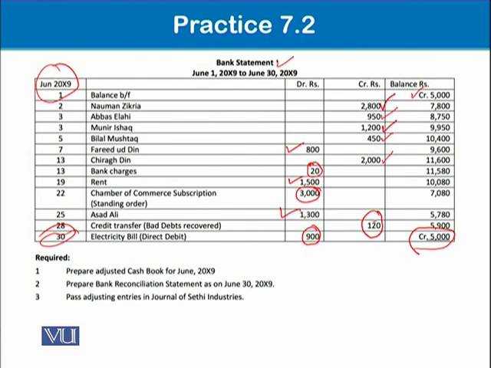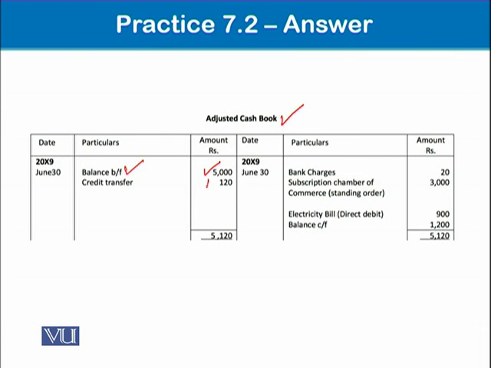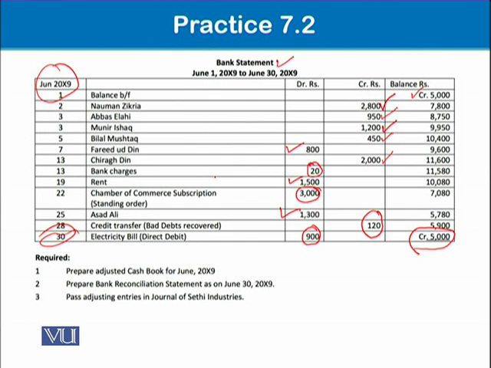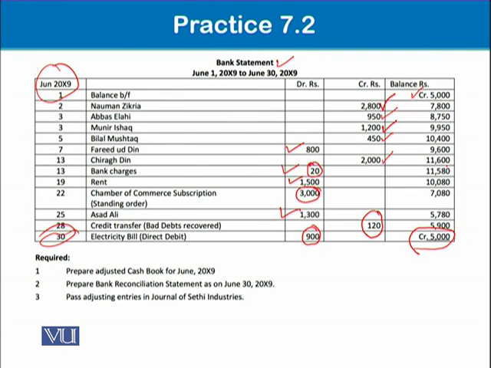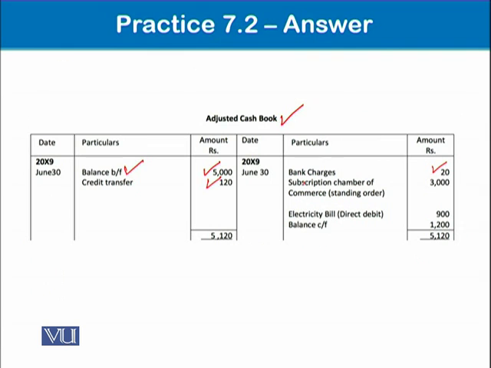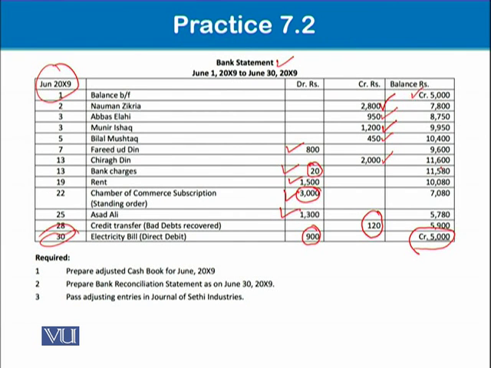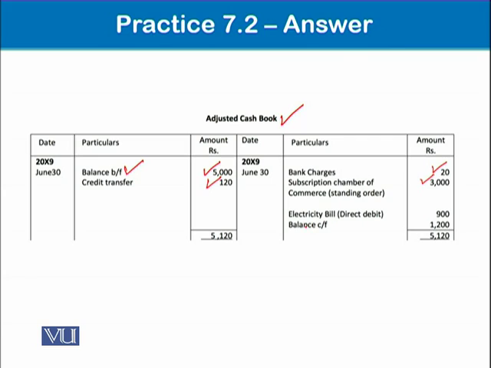And this 120 appearing in the credit side of bank statement will now be appearing in the debit side of cash book. And 20 appearing in the debit side of bank statement will be appearing in the credit side of cash book. 3,000 will be putting in the credit side of adjusted cash book, and 900 we will put in the credit side of adjusted cash book.